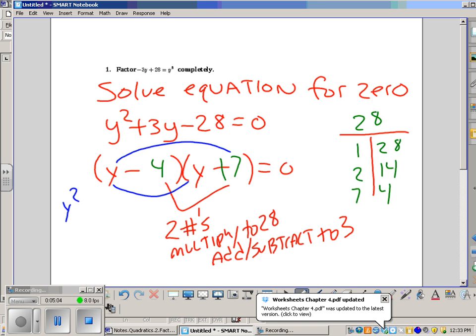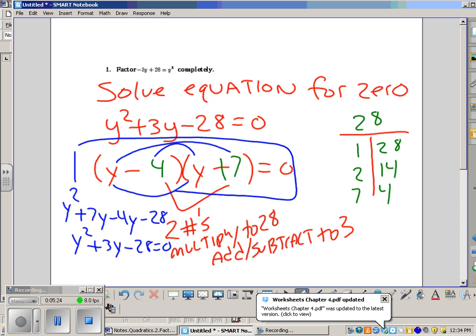And 7 times y, that's 7y, minus 4y, minus 28. There's our answer. We're back to where we started. So the answer factored completely is right here, staring us right in the face, y plus 7 times y minus 4.